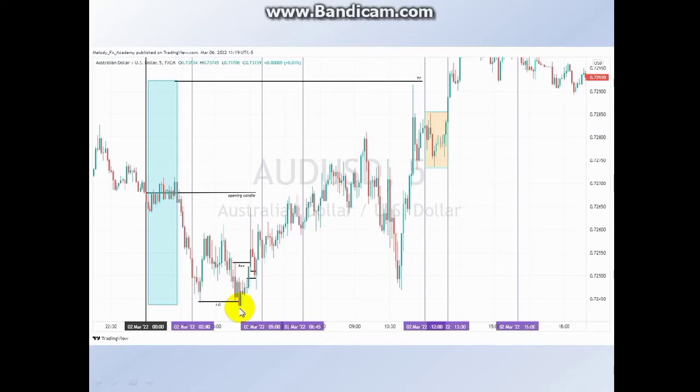Now projecting our TP, like I said earlier, what I normally do is measure the range of the movement below the opening candle, and I duplicate that and set it. It gives me my TP, but this is one of the ways I get my TP.